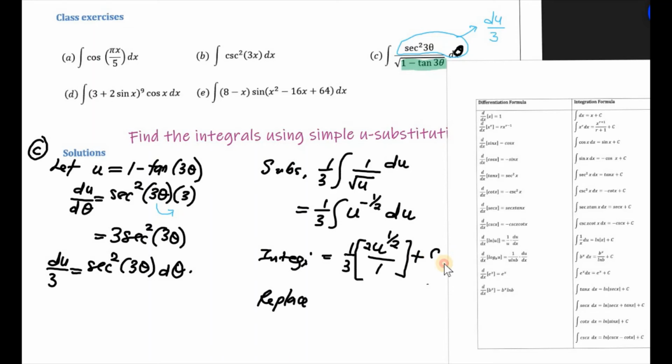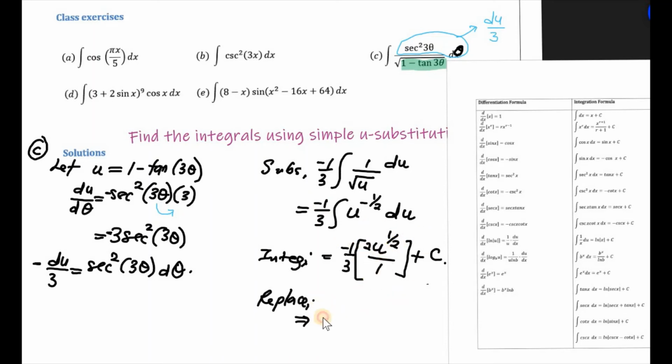Plus c, and then replace the u there with the term. And check my work. I missed the negative over there, so be careful. So there is a negative there that we missed.